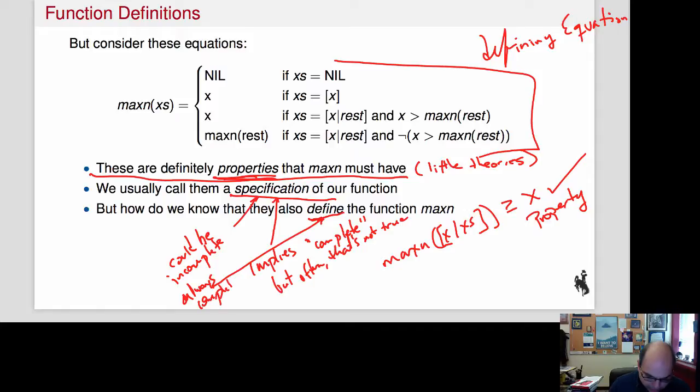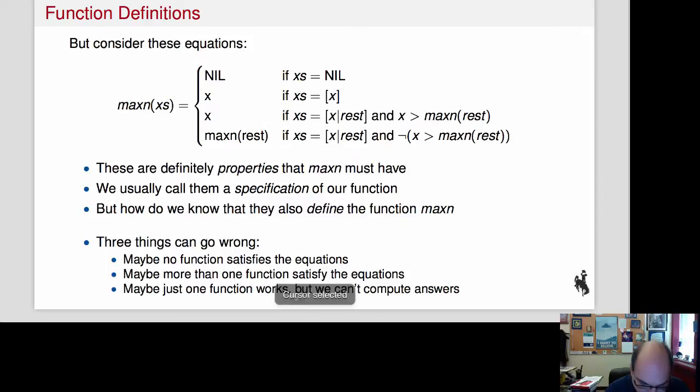Okay, so how do we know whether our specification is actually a definition? That's the question that I want to pick up and address. Here are some of the things that can go wrong. Maybe no function satisfies it. So what we have is a contradiction. Maybe you're given two different requirements that go completely against each other.